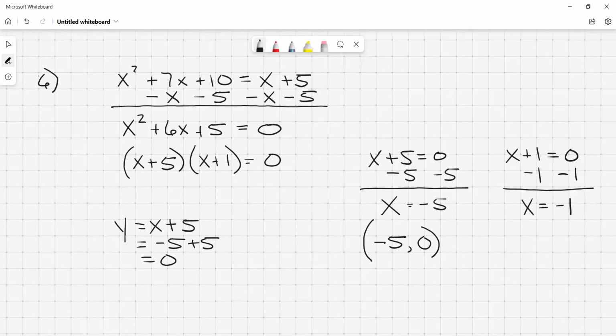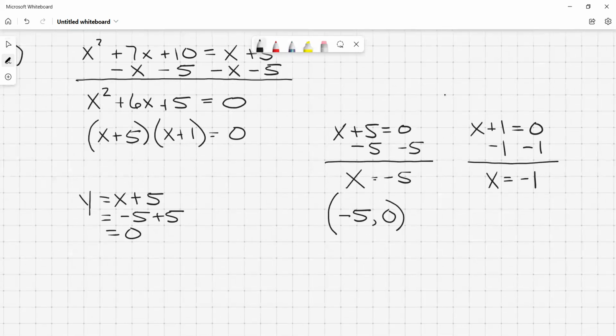You do the same thing for your other x value. You take y and make it equal to -1 plus 5, and so y is equal to 4. So when x is equal to -1, y is equal to 4. So we've got -1 and 4. Clear?